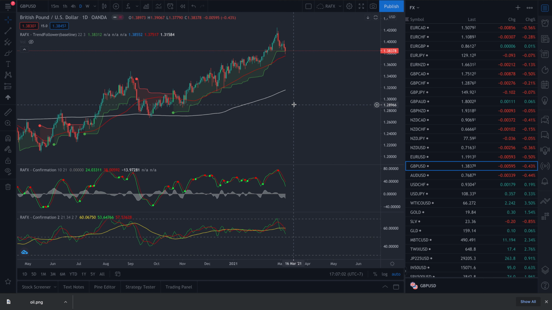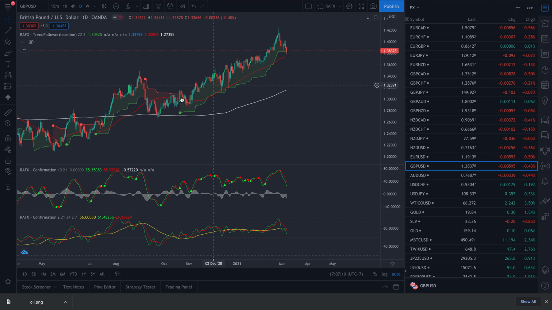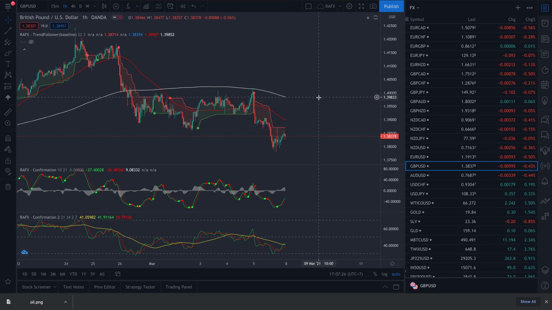So next is GBP USD. Okay, so this one is a good sign in the daily chart because it's an uptrend and the price is near the market structure, which is the 50 baseline. Let's check if we have an entry trigger in the 1 hour time frame. We don't, because the trend follower indicator is telling us that it is still on the sell side.